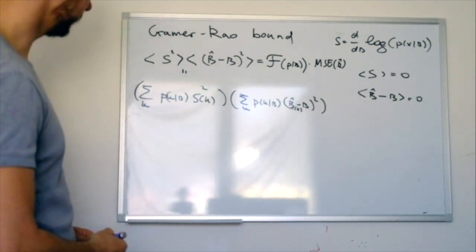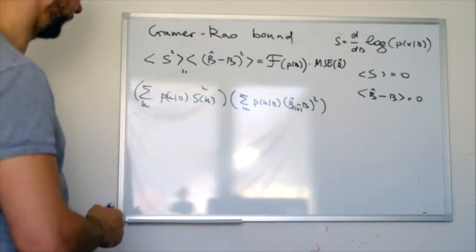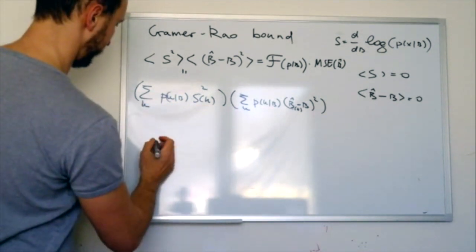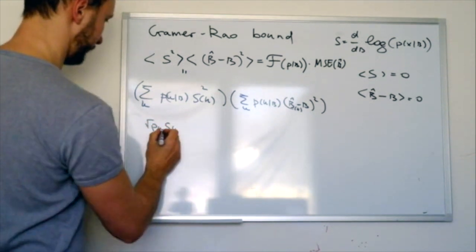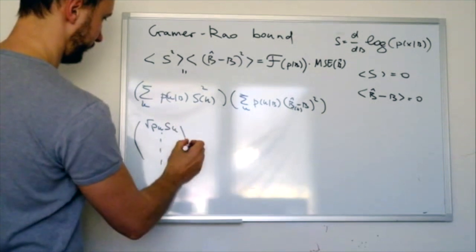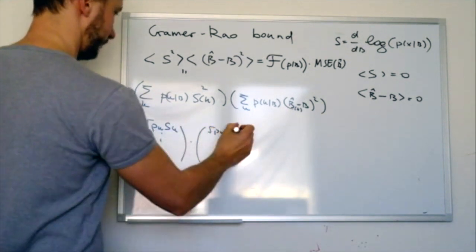So we can actually see this as a scalar product. Each of these we can see as a scalar product of vectors. So let's define the following vector: square root of p_k times s_k, times the square root of p_k times s_k.